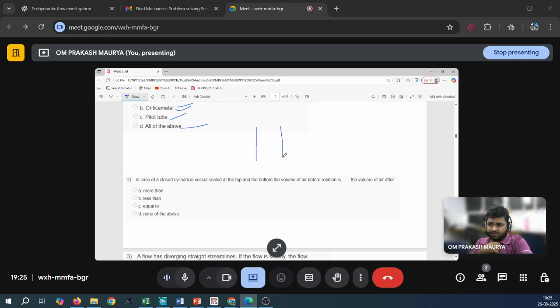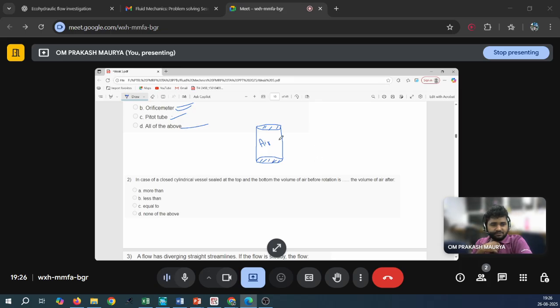Let me just draw. You have this one, and in this you have air in the vessel, and it is tightly packed, sealed from both sides. There is no air passage and no leakage.